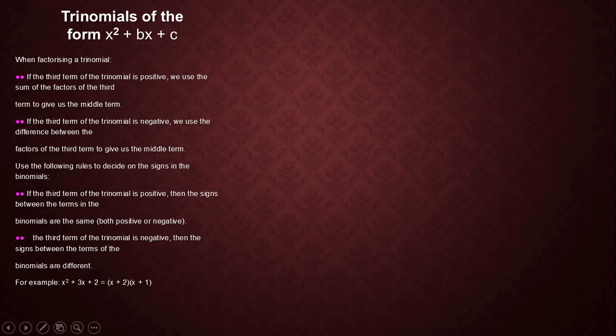If the third term is negative, then the signs are different, a plus and a minus. Just like we see here, because the third term is plus 2, the brackets are both positive.